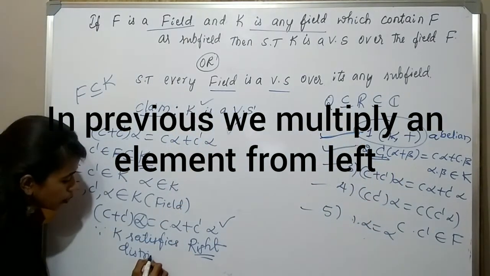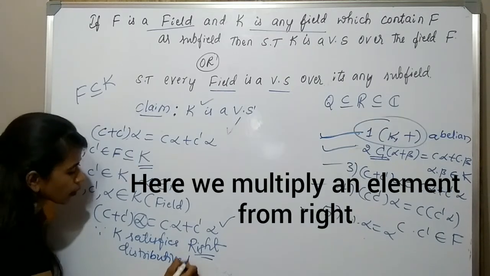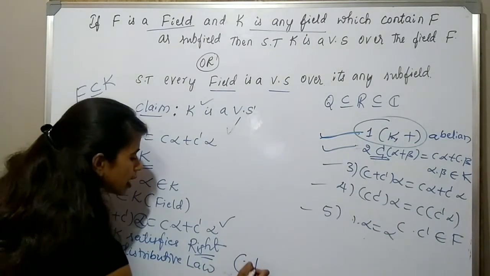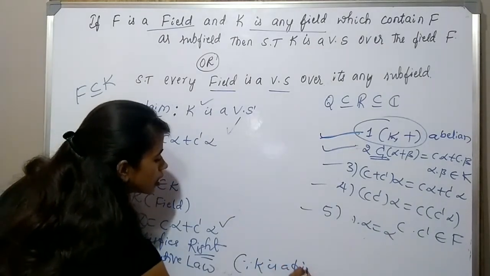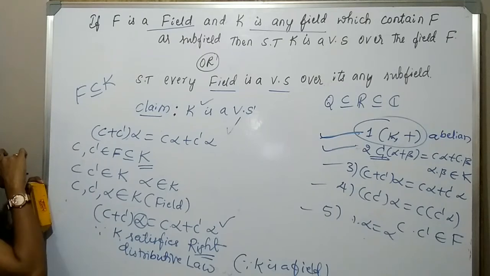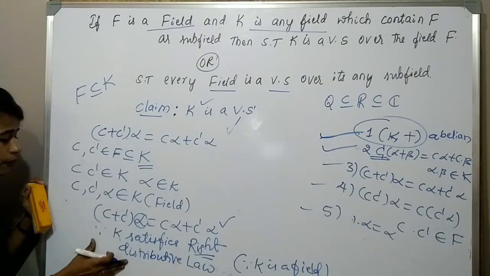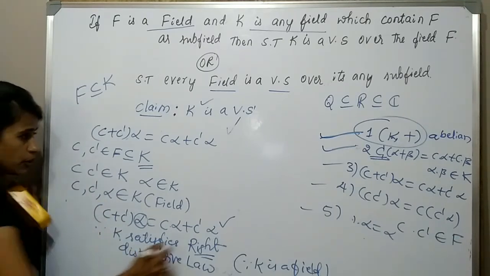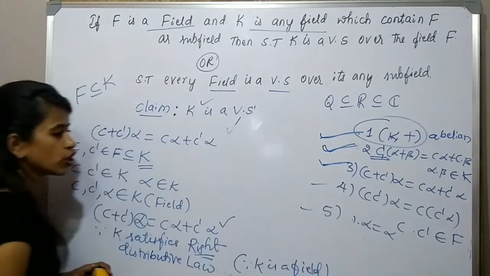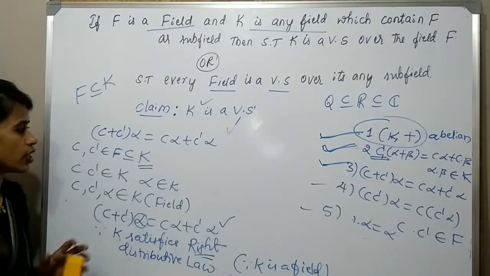Here it is the right distributive law. So K satisfies the right distributive law because K is a field. K is a field, so it satisfies both right and left distributive laws. Therefore the third condition is also over.